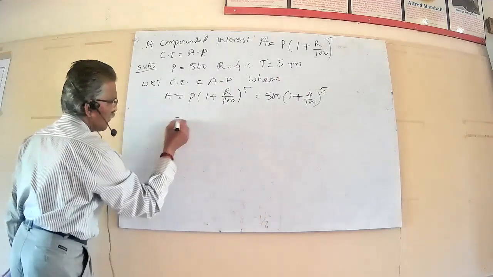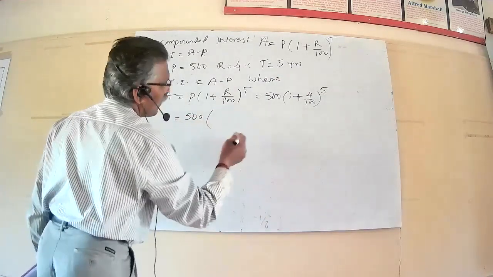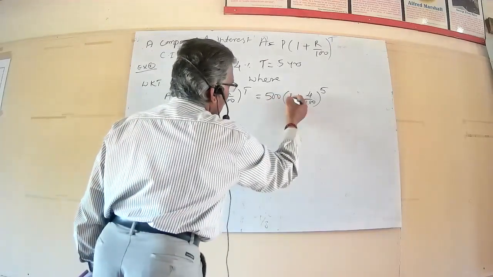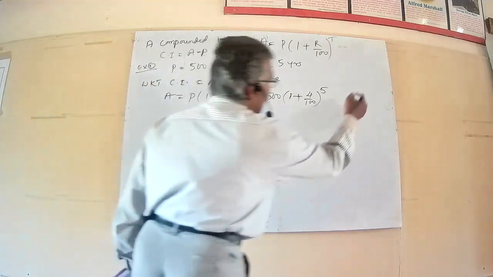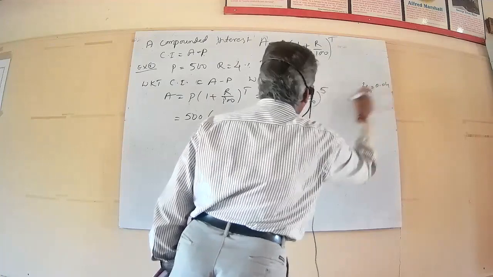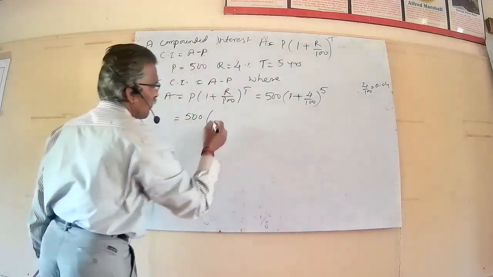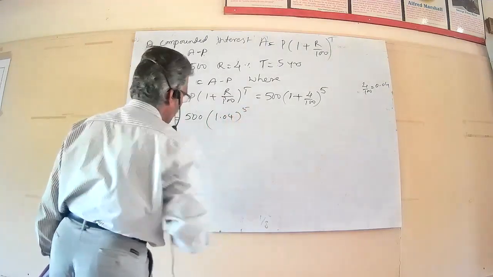So that is equal to 500 into, 4 divided by 100 means 0.04, right? 4 divided by 100 equal to 0.04. 0.04 plus 1 equal to 1.04. So 500 into 1.04 raised to 5.